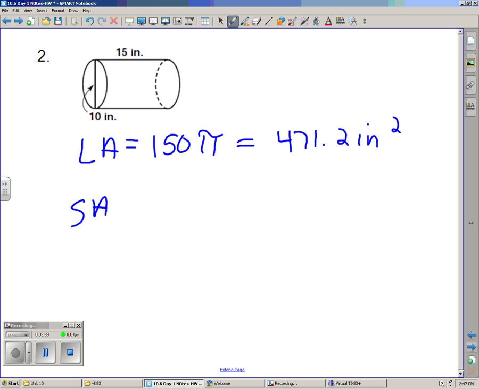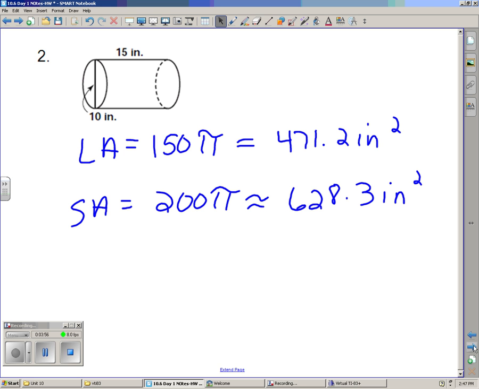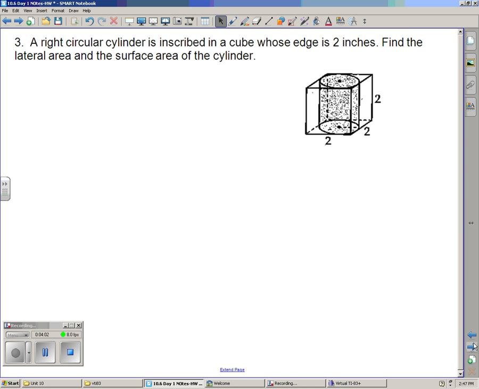Your surface area, in terms of pi, is 200 pi, which is about, again, don't worry about the equals versus the approximate, these are approximate when you do the decimals, 628 inches squared. So that's what you would get for the second problem. Do the work, feel free to do that on your own.